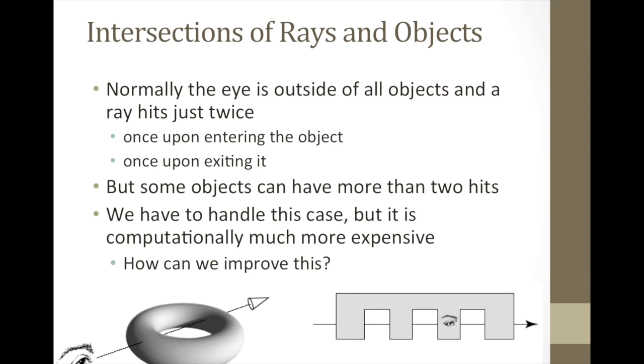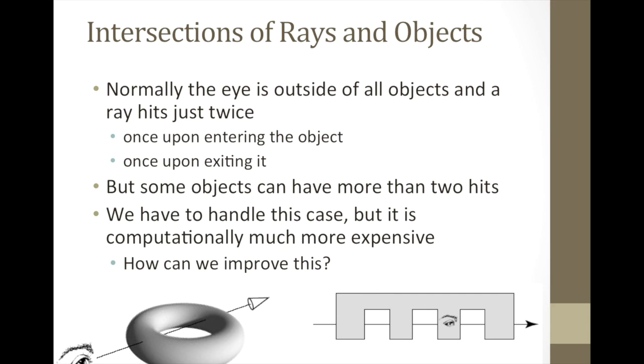Now, one of the things we haven't really talked about is objects so much. When objects are defined, they can be relatively complex, and as you might see here, in the example of a torus down here, rays may enter and exit an object multiple times depending on what the object looks like. So because of that, it can actually be somewhat computationally expensive to keep track of this list of objects that the ray hits.